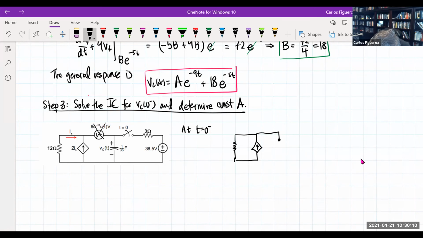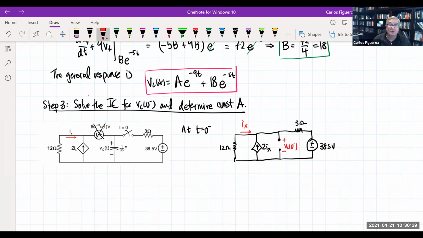I now have an open cap, and then I have this 3 ohm and this source right here. So here's my 38.5 volts. I have my 3 ohm. I have my 12 ohm. This is my 2IX. Then, of course, I have my IX going this way, and I'm looking for this now.